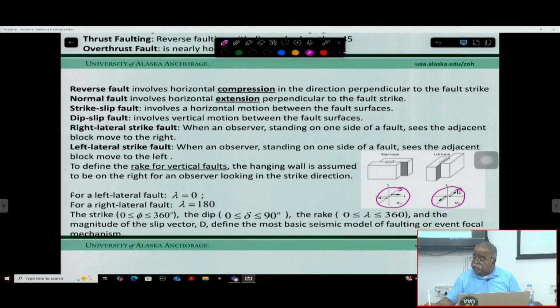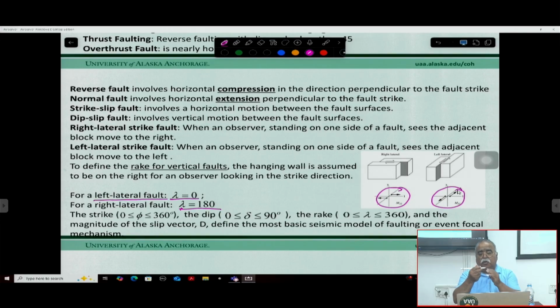For the left lateral case, lambda equals 0, and for the right lateral, it is just in the opposite direction, so lambda equals 180. The strike can go from 0 to 360 degrees from the north, and the dip can go from 0 to 90 degrees.